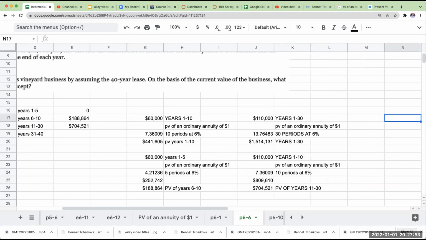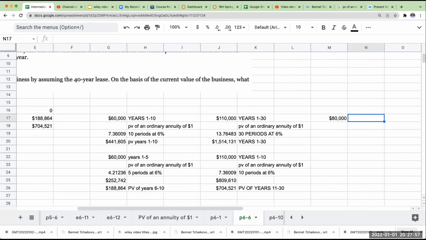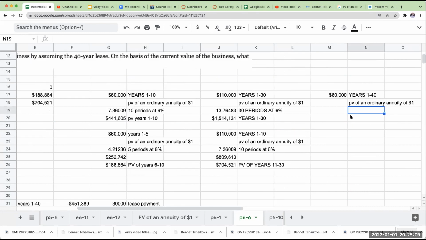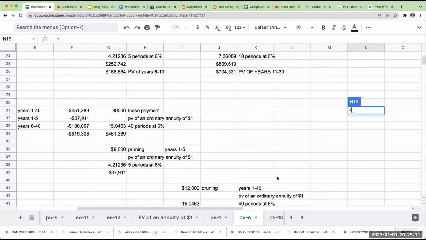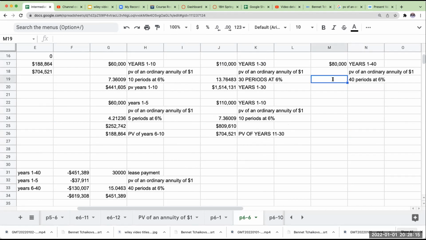We've got 80,000 for years 1 through 40. So if I do years 1 through 40, again, I'm trying to get to years 31 through 40, present value of an ordinary annuity of $1. This is going to be 40 periods at 6%.